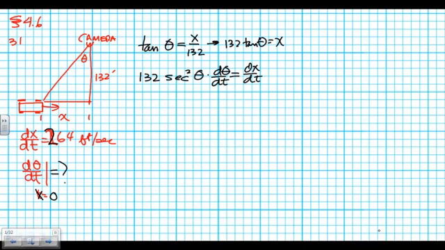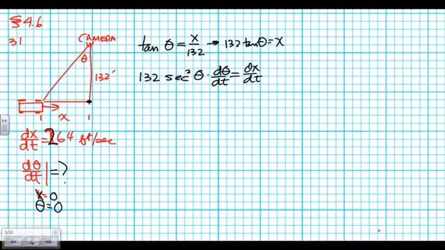All right, let's go plug and chug for this. We want to find the value of d theta dt when x is 0. But you know what? When x is 0, when the car is right there, we also can say what value theta has at that time: 0 as well.